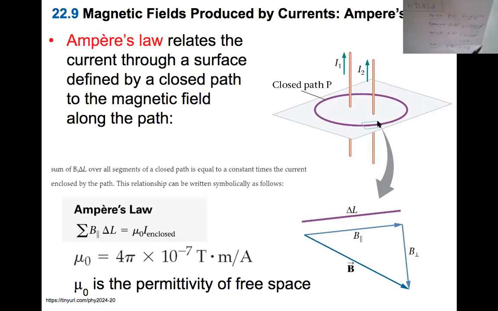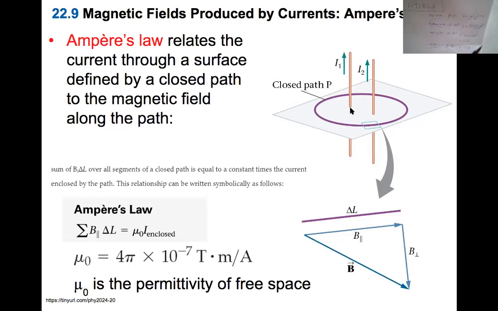You can use a right-hand rule to determine the direction: align your thumb with the direction of the current in the wire, and the four fingers curving around give the direction of the magnetic field. So you have a circular magnetic field around the wire. The magnitude is proportional to the current, but inversely proportional to the distance away from the wire.